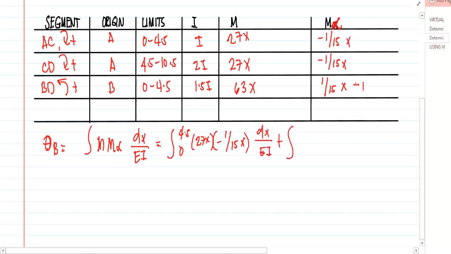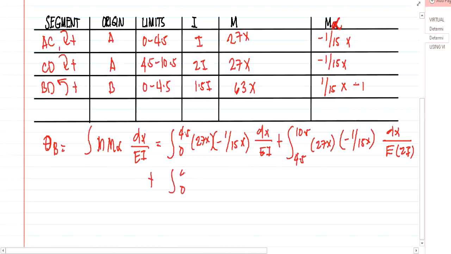Plus, yung next equation natin, segment CD, that is 4.5 to 10.5. That is 27x, negative 1/15x times dx over E2I. And lastly, segment BD, that is 0 to 4.5, 63x, 1/15x minus 1, dx over E times 1.5I. Okay? So yan. Kopyahin lang natin yung nasa table natin.